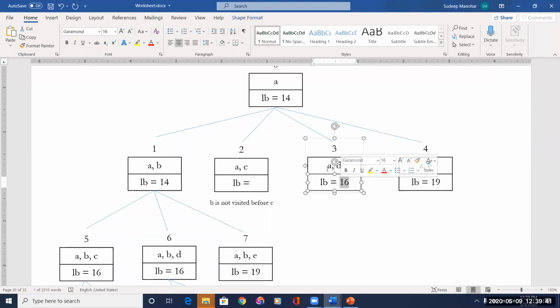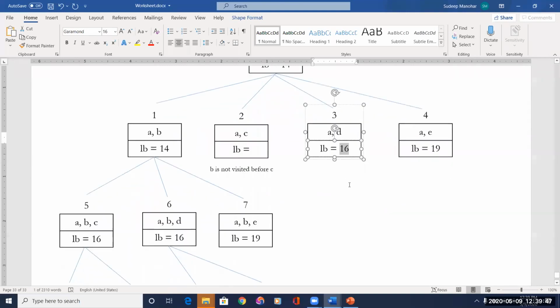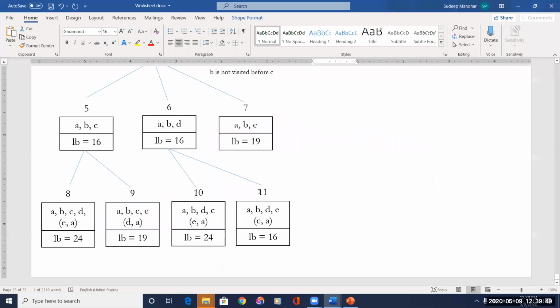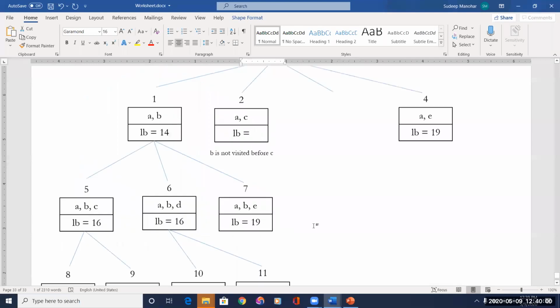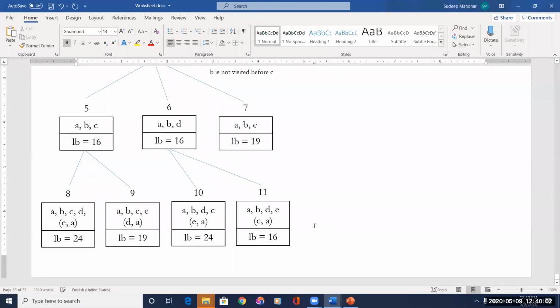So this node number 3 is also having a minimum cost of 16. So this tells that even from that you can continue, but there is no chance that the cost will be lesser than 16. So node number 11 has already a path with cost of 16, so we can consider it as one of the Hamiltonian cycles with the minimum cost.